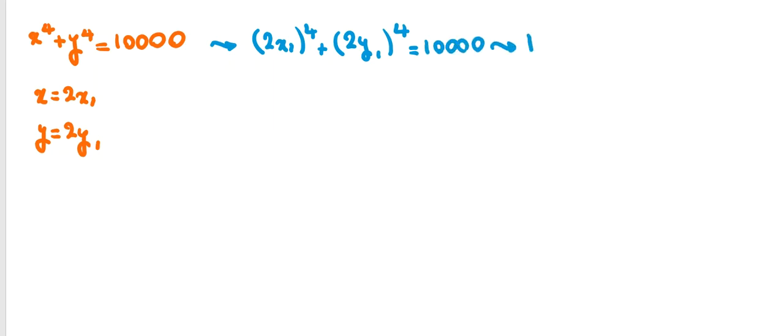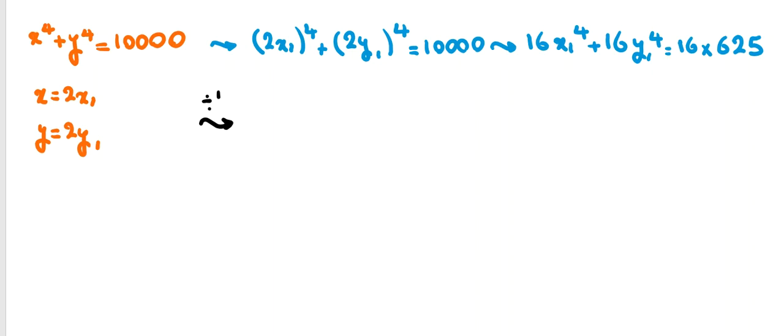So we can conclude 16x1 to the 4 plus 16y1 to the 4 equal to 10,000, which is 2 to the 4 times 5 to the 4, which is 16 times 5 to the 4, that is 16 times 625. If we divide both sides by 16, then we reach x1 to the 4 plus y1 to the 4 equal to 625.